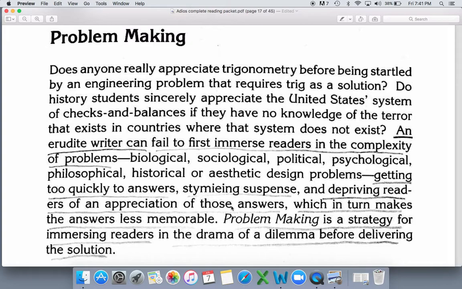Getting too quickly to answers, stymieing suspense, and depriving readers of an appreciation of those answers, which in turn makes the answers less memorable. Problem making is a strategy for immersing readers in the drama of a dilemma before delivering the solution.